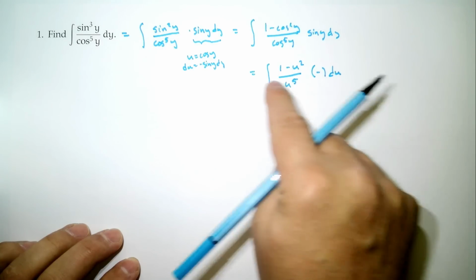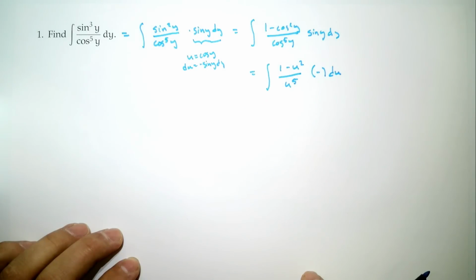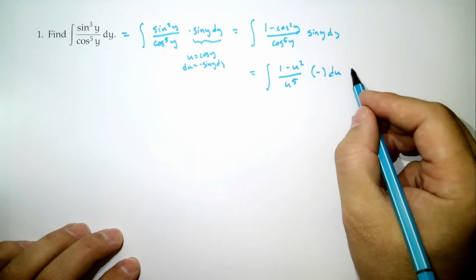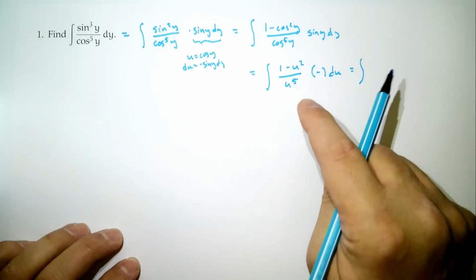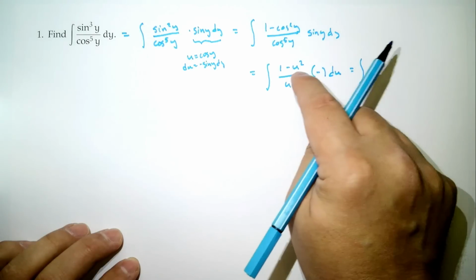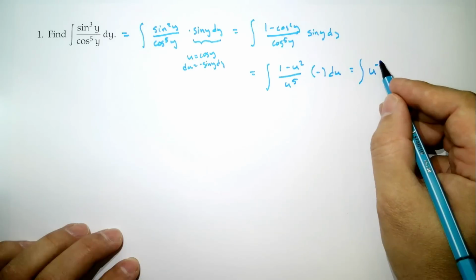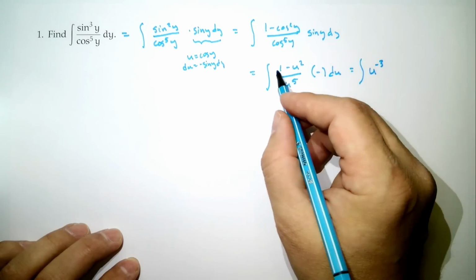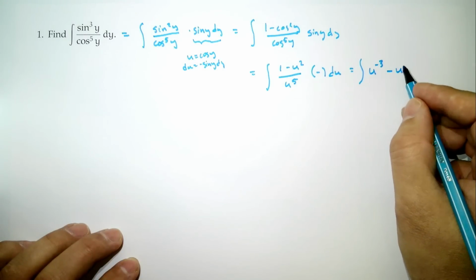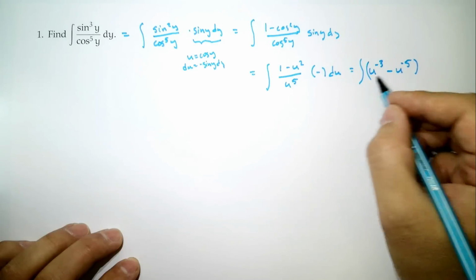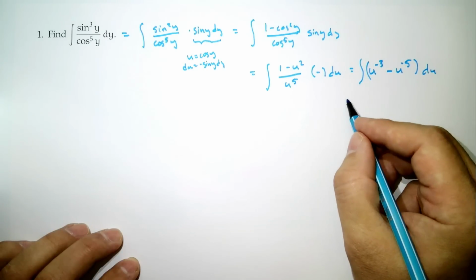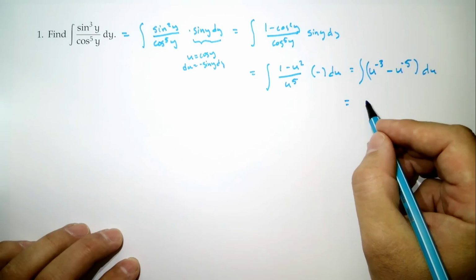The minus is because of this minus sign. All right, that's not so bad. We can write it as u squared over u to the 5th, or if you like, u to the negative 3, and then minus 1 over u to the 5th, or u to the negative 5, du.